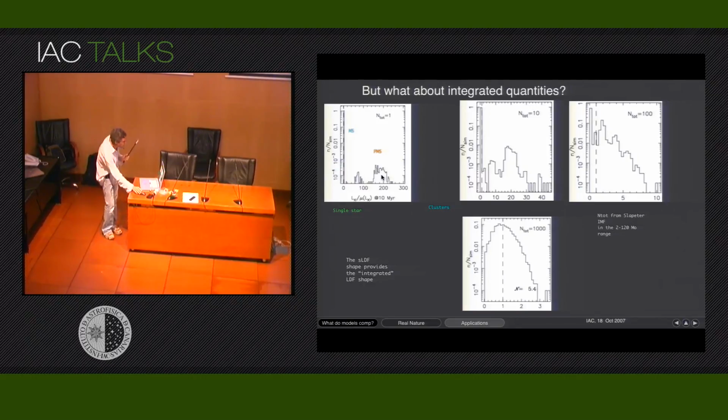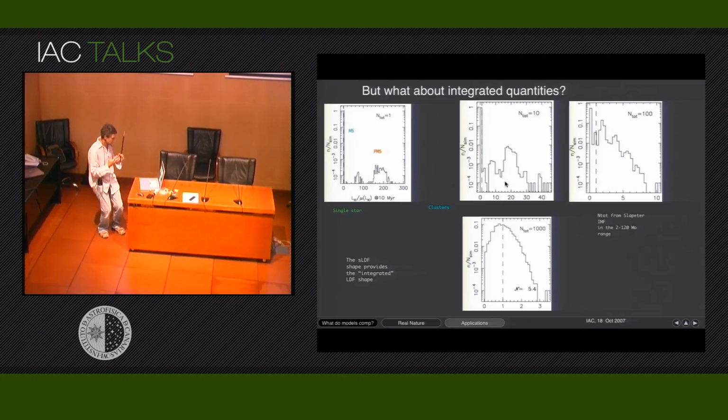You can ask, what is the probability to have a red supergiant? You look here, and it's something like 10 to the minus 3. If you now make the simulation not star by star, but by groups of 10 stars, 10 stars, 10 stars, you obtain something like this. You say, well, they are similar.